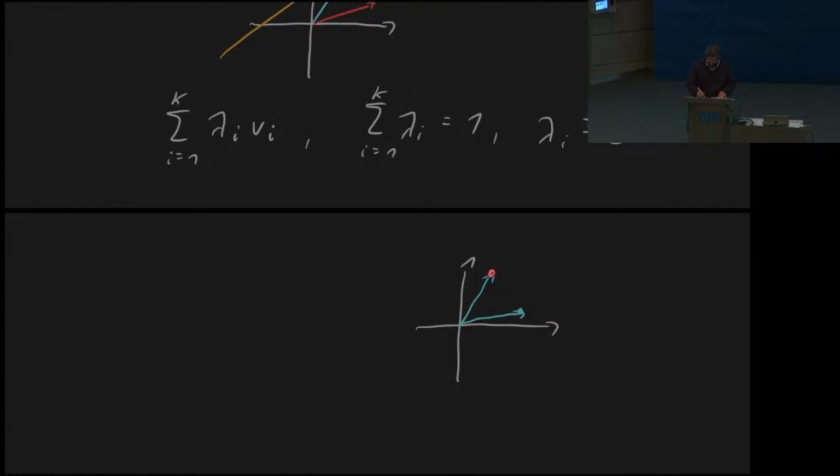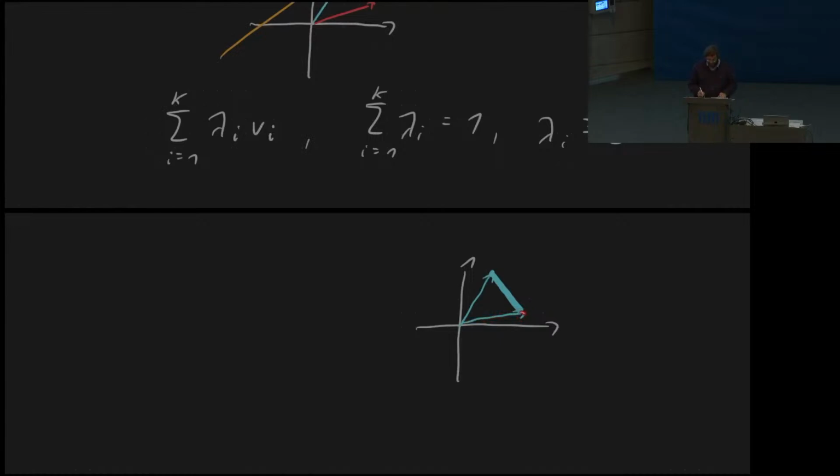Taking this vector once will result in this point, and now I reduce this a little, and I add a bit of that vector instead. So I'm getting points somewhere here on the connection until I hit this point. At this point, this other vector has a factor of 1, and the other is reduced to 0.